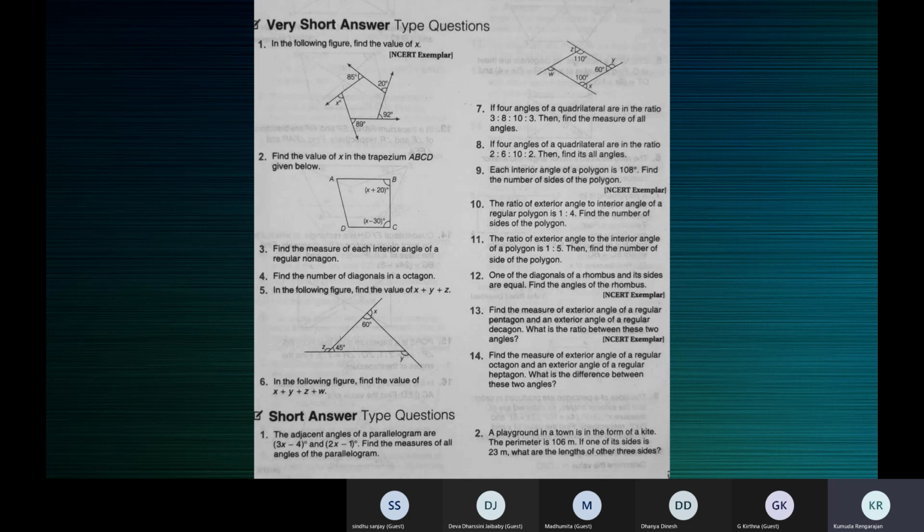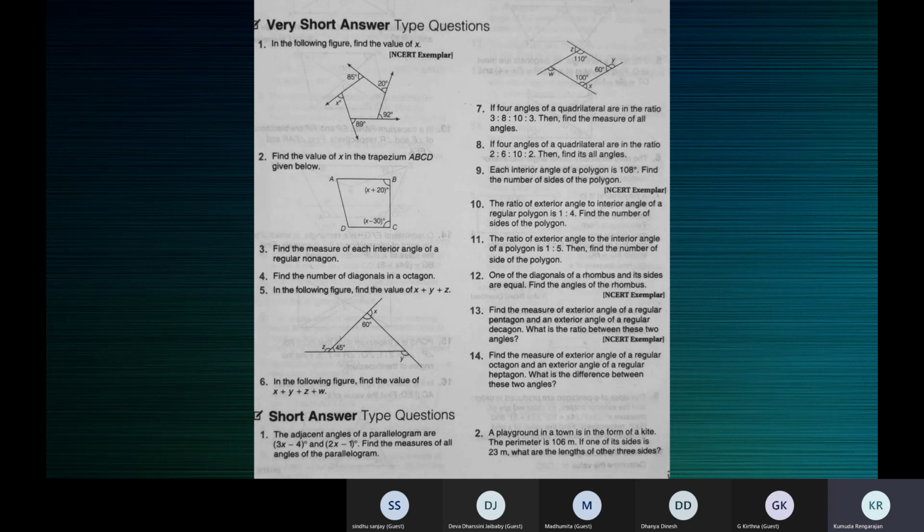So 89 plus 92. What kind of a polygon is it? Pentagon, ma'am. Yes, it's a pentagon. All the 5 sides of the pentagon have been produced, and so you can see its 5 exterior angles.